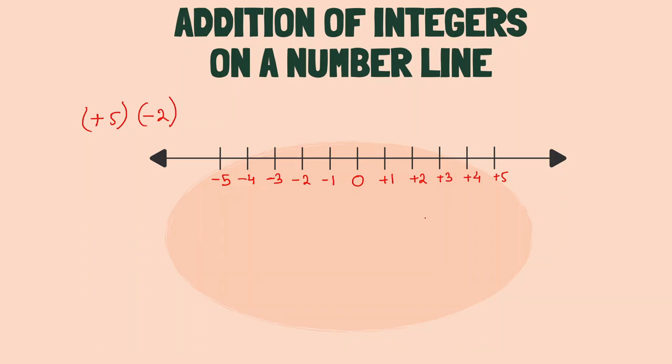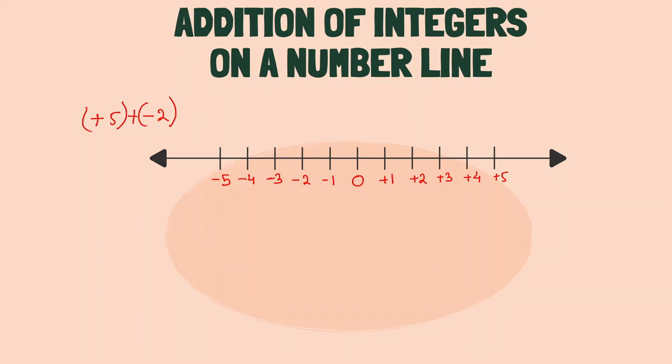What is the rule? The rule is, if you want to add a positive integer, then you will move towards the right. But if you want to add a negative integer, then you will move towards the left.